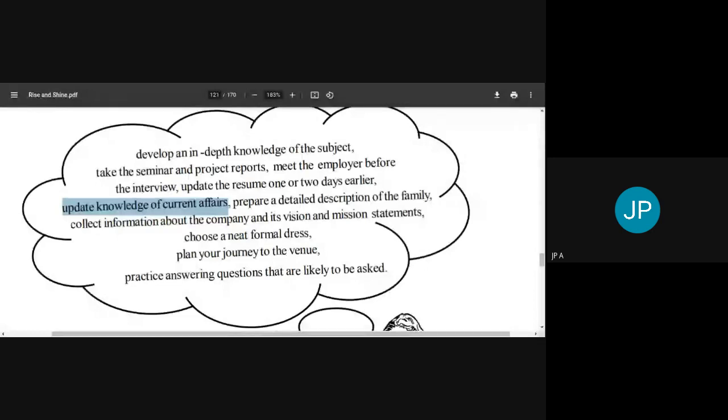Anyone else? Okay. Many people are writing that they are not doing it every day.